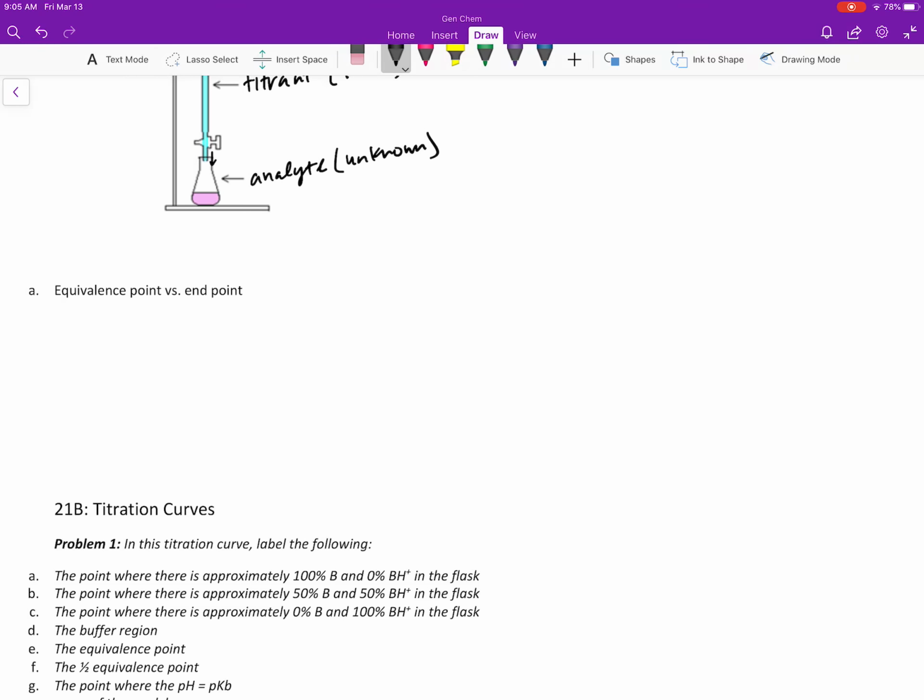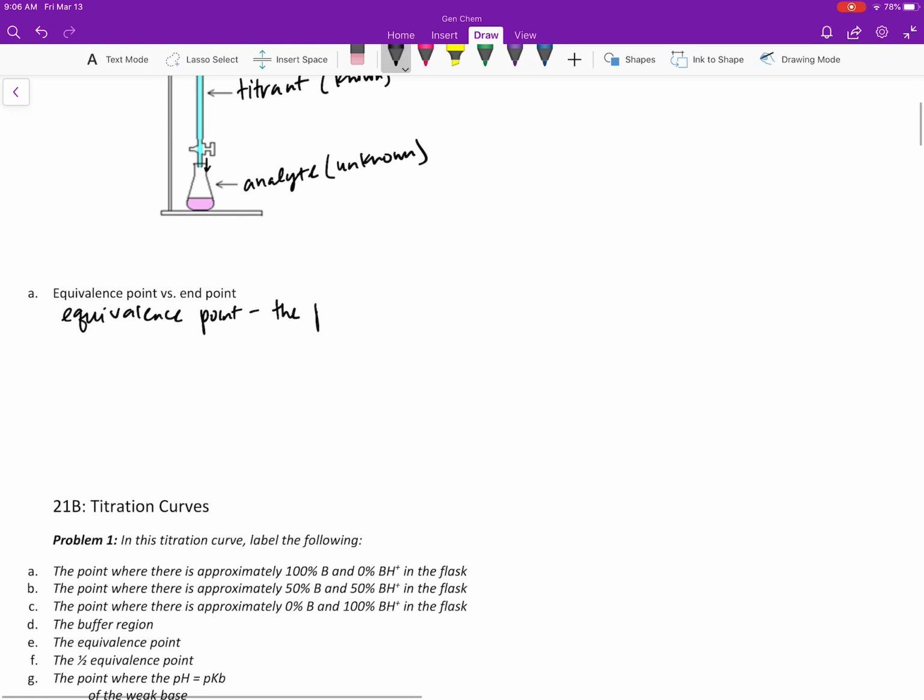So equivalence point versus endpoint. What's the difference? So an equivalence point is the point of the titration where neutralization occurs.